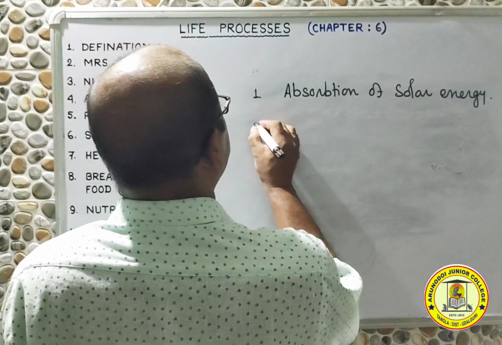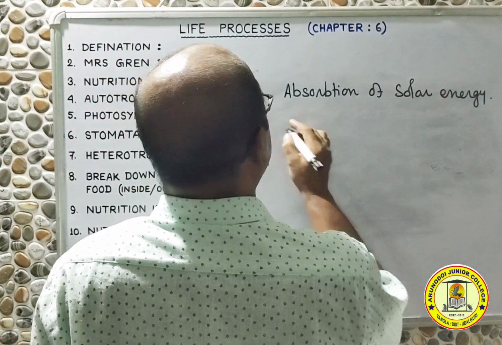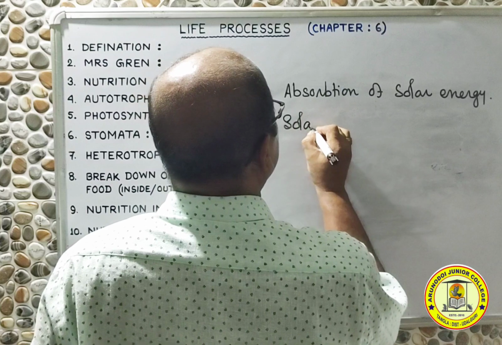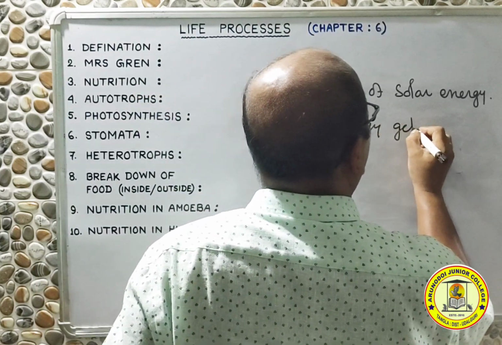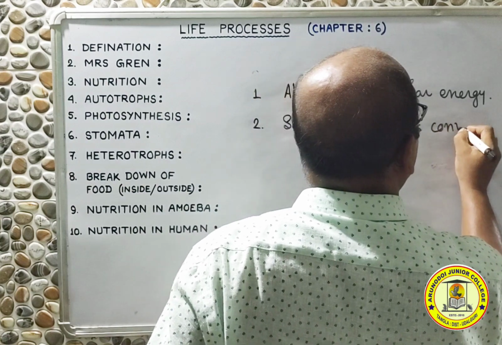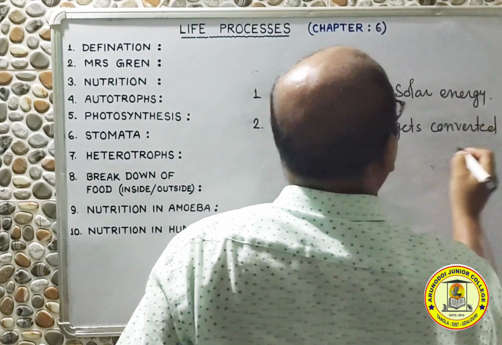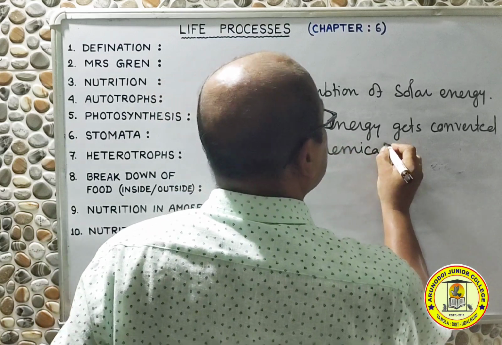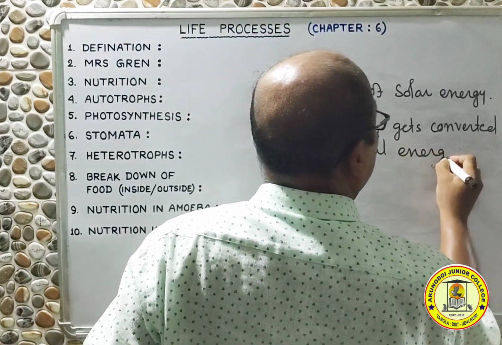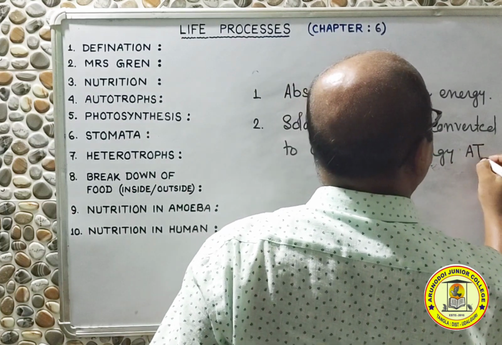The second step is that the solar energy gets converted to chemical energy. What is the chemical energy? That is ATP.